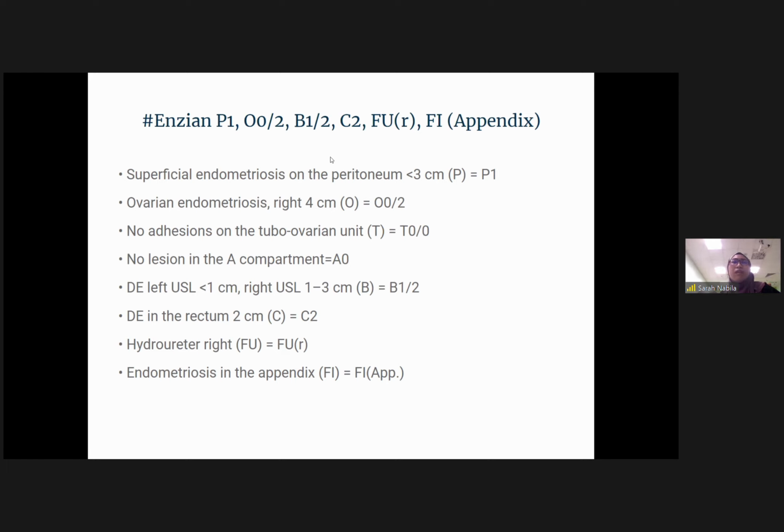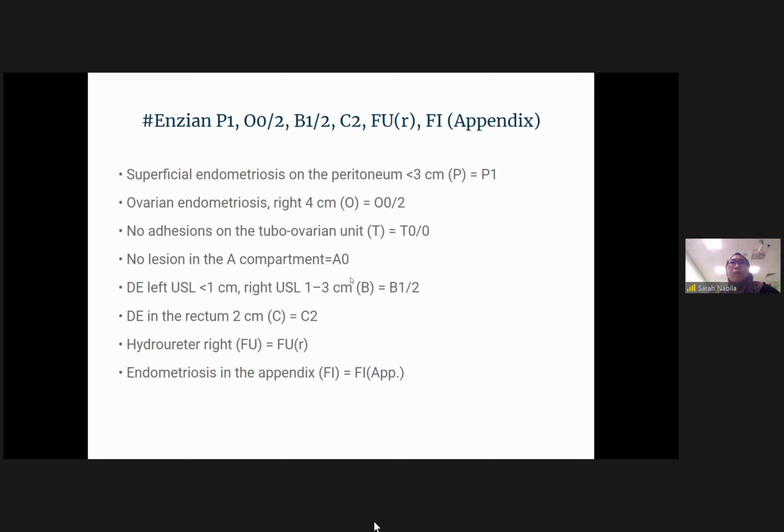For T, they did not mention it because there are no additions on the tubo-ovarian unit, hence it is T0/0, so it was not encoded in this. As well as compartment A, which would come before B, but there is no lesion in the A compartment, so A is 0 as well.